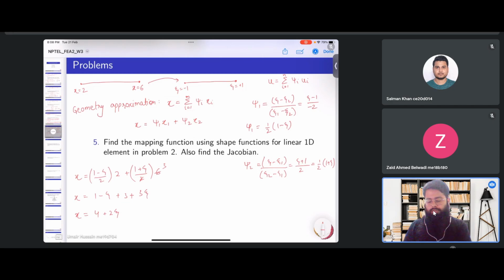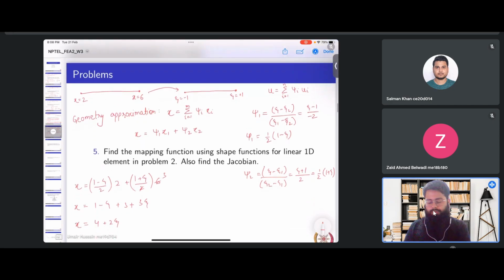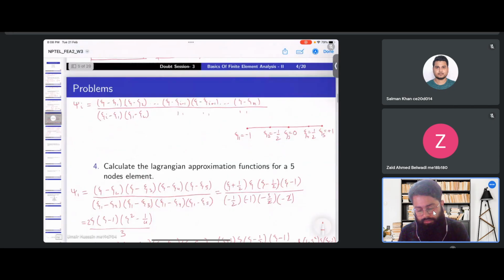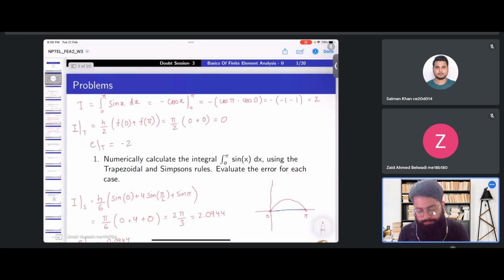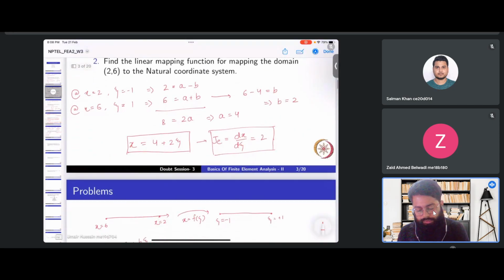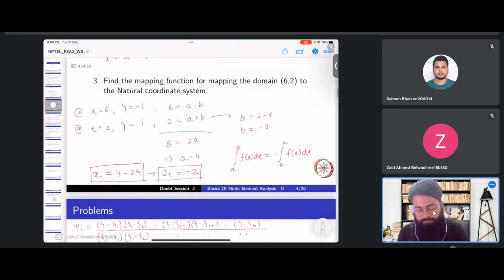So this is the mapping function here, 4 plus 2 zeta, and we'll check what we got in problem 2. Right, yeah, 4 plus 2 zeta.